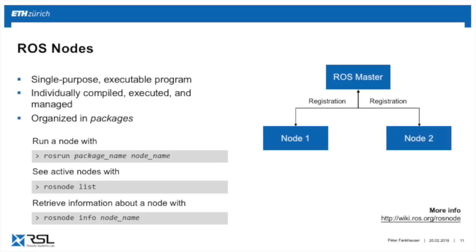To run a node, and you'll use this during the exercise, you type in rosrun, then the package name, and then the name of your executable. Once you've done that, you can look at the list of all the programs that run by typing in rosnode list, which lists all the active ROS nodes. If you need specific information about one of the ROS nodes, you type in rosnode info and then the name of the node. Then it spits out all information about the node.